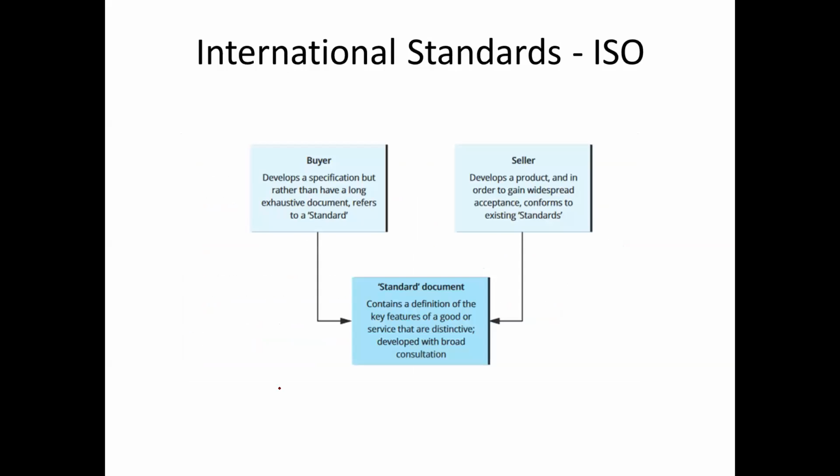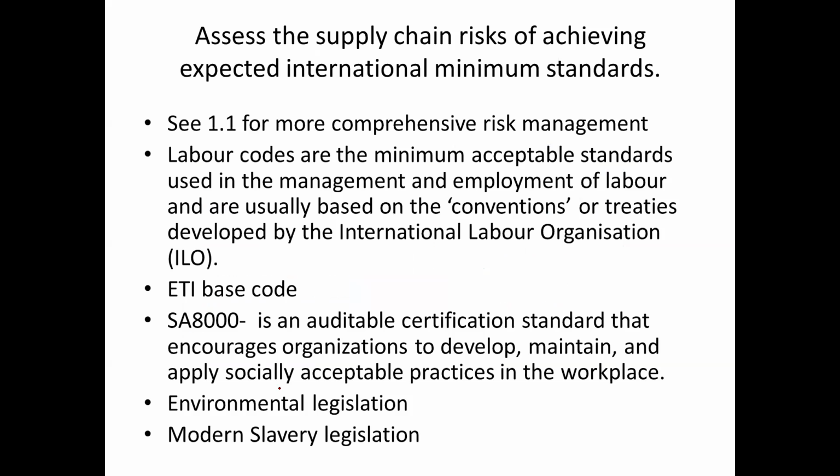International standards. Right, this is one of my slides, as opposed to the study guide, which I didn't think answered it very well at all. In fact, there's a page in the study guide and it's just waffle. Assess risks of achieving expected international minimum standards. It doesn't mean anything. What do we mean by international minimum standards?